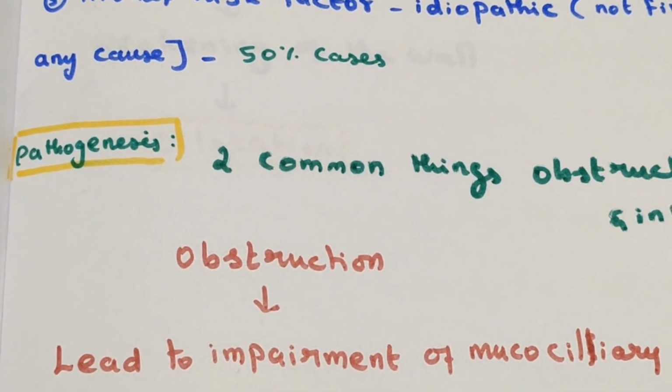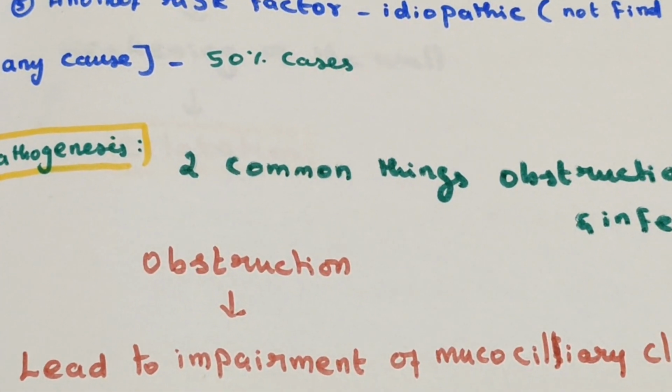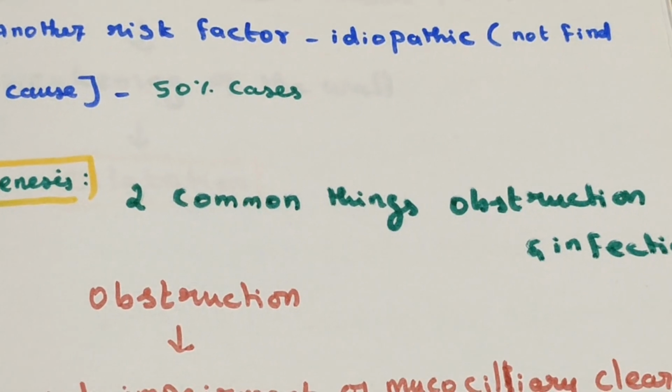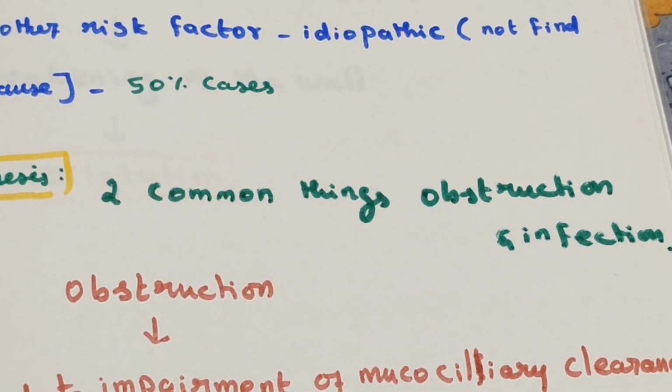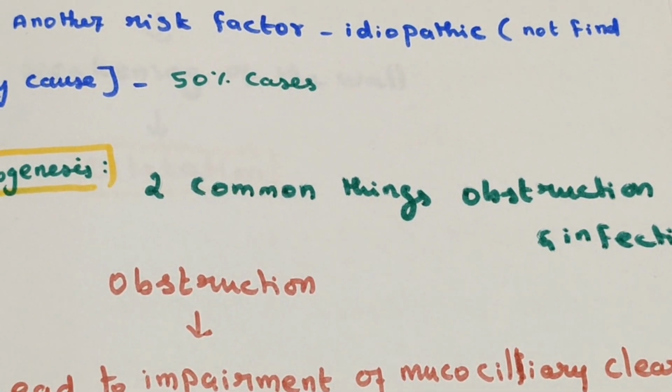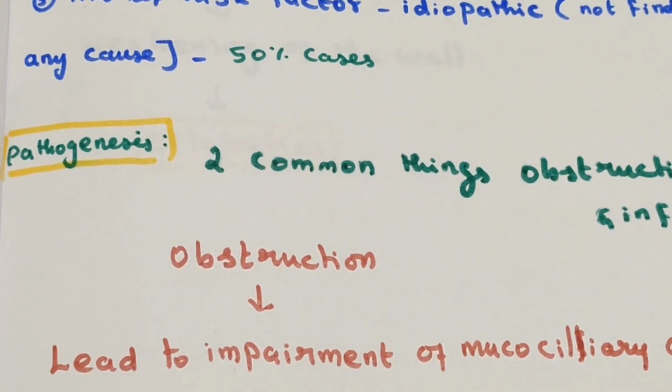Next, what is the pathogenesis of bronchiectasis? The two most common things are obstruction and infection. What really happens when there is an obstruction?